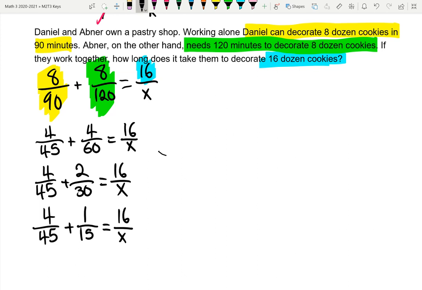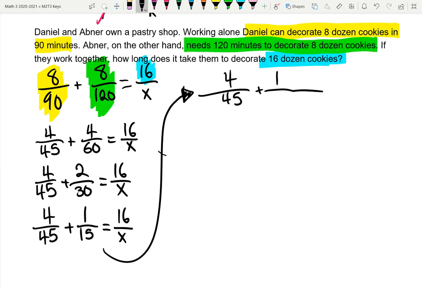Now, what I'm going to do is get rid of my denominators. I'm going to multiply each side by 45. Let's take a look at what happens. So I extend my numerators. 4 over 45 plus 1 over 15 is going to be 16 over a number. I multiply each bit by 45, 45, and 45. Cancels.